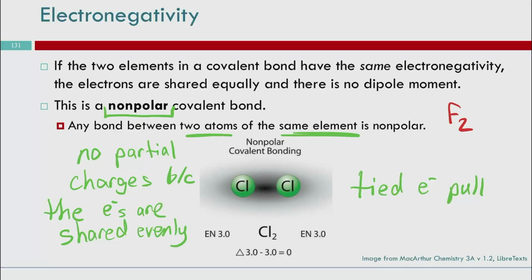So F2, all of our other diatomic elements, all of our Brinkelhoff, our Horse's needle oats for clear brown eyes, those are always going to have nonpolar bonds.